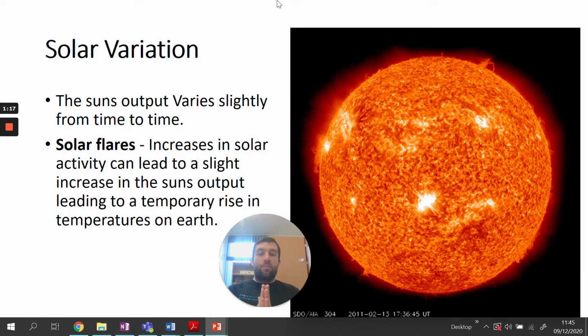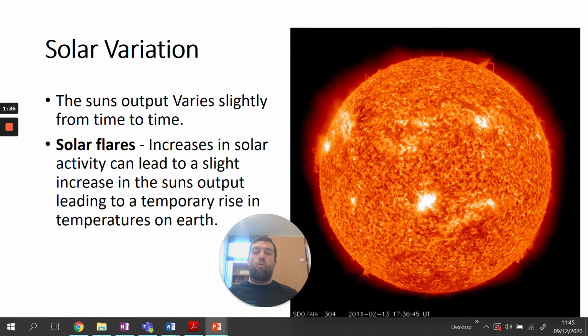So, sometimes the sun's output varies from time to time, and we're going to focus on solar flares. Solar flares are an increase in activity on the sun, either mini explosions or whatever. But what it leads to is an increase in the sun's radiation output.